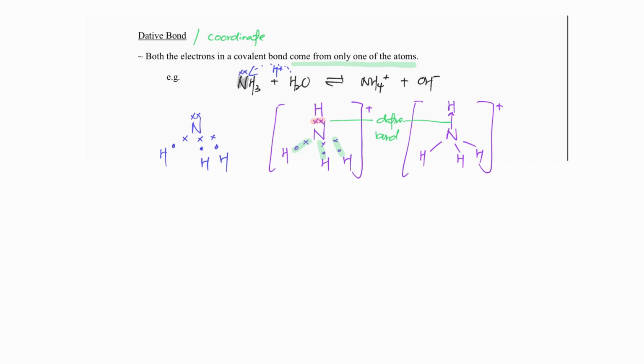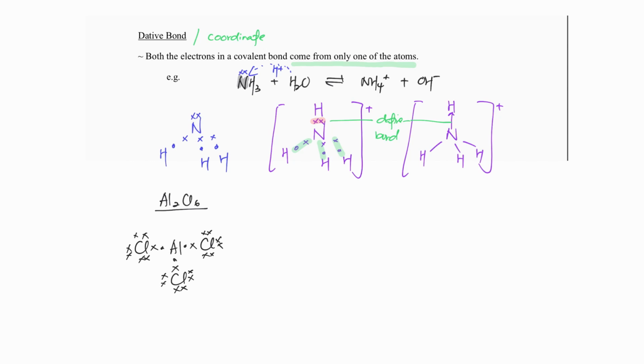So we can go into another example of dative bond. This is also a famous example used in A-levels, where we have Al2Cl6. Al2Cl6 is from 2 AlCl3. If we have 1 AlCl3, this is the dot and cross diagram of AlCl3. Let's complete the valence electrons of all chlorine atoms.